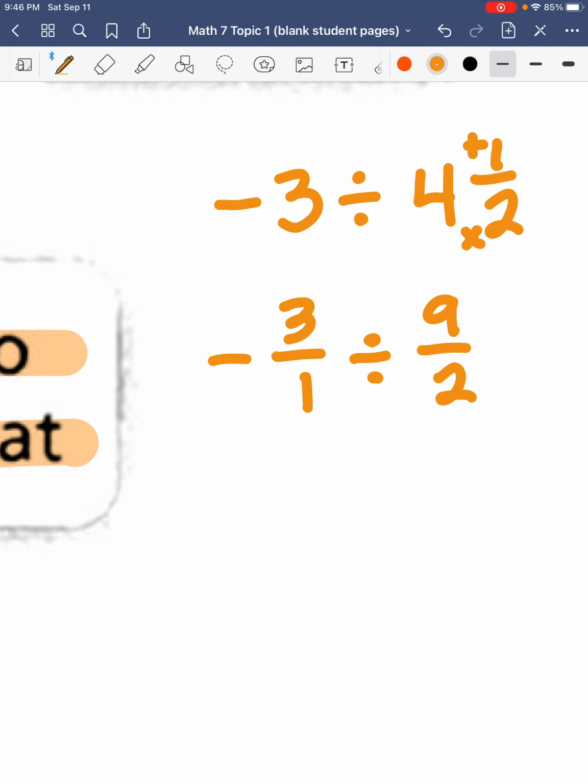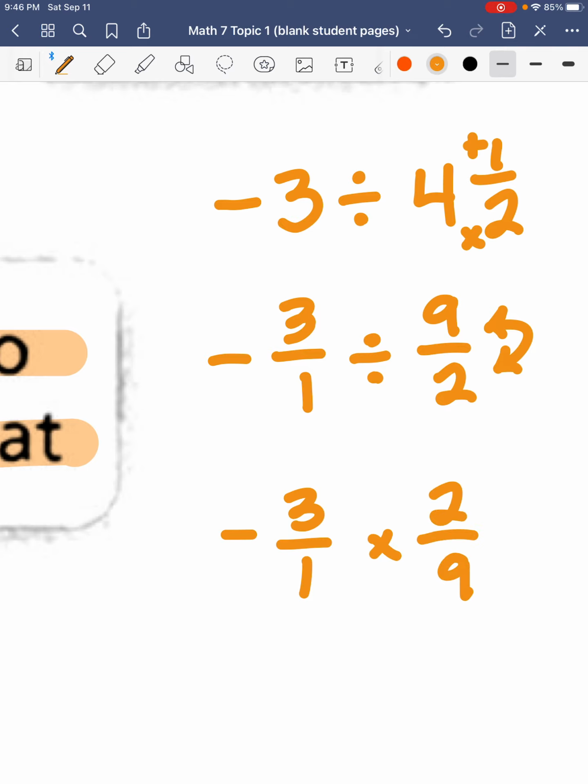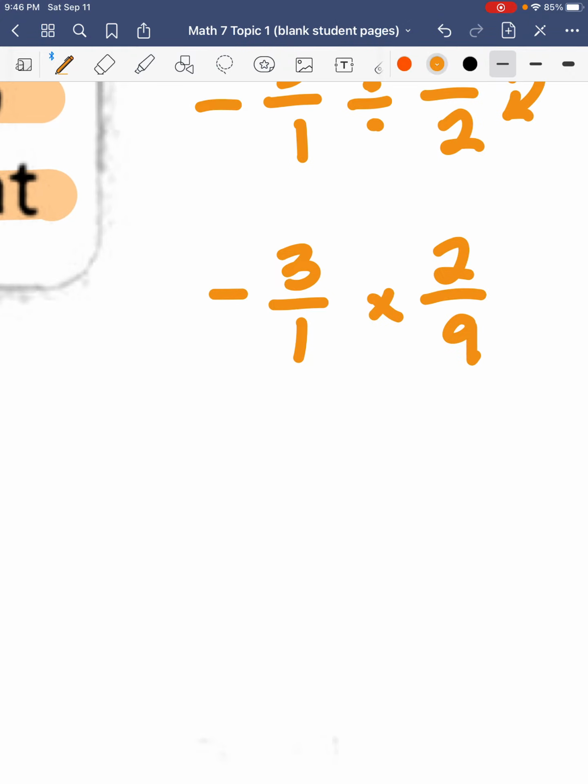Now at this point I've got two fractions, so I can use keep, change, flip. So I'm going to keep my first one exactly as it is, -3/1. I'm going to change division to multiplication, and I'm going to flip my second fraction. So it's going to become 2/9. Now I'm going to ask myself if anything here can be reduced. 2 and 1, I can't reduce anything, but 3 and 9 do have a common factor. 3 goes into 3 one time, 3 goes into 9 3 times.